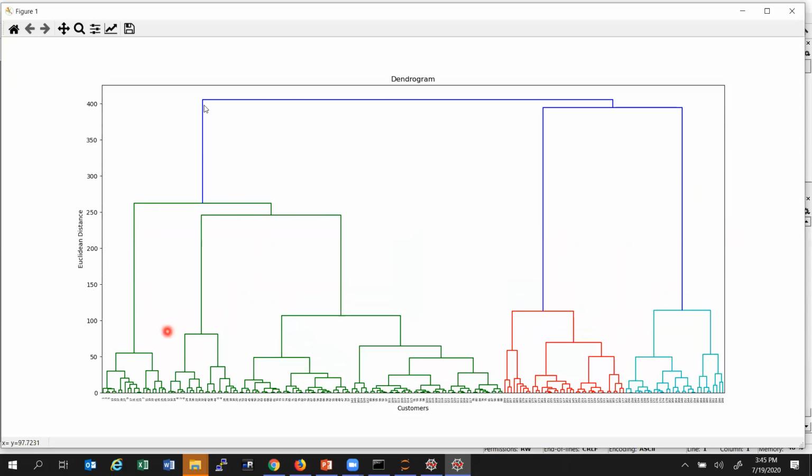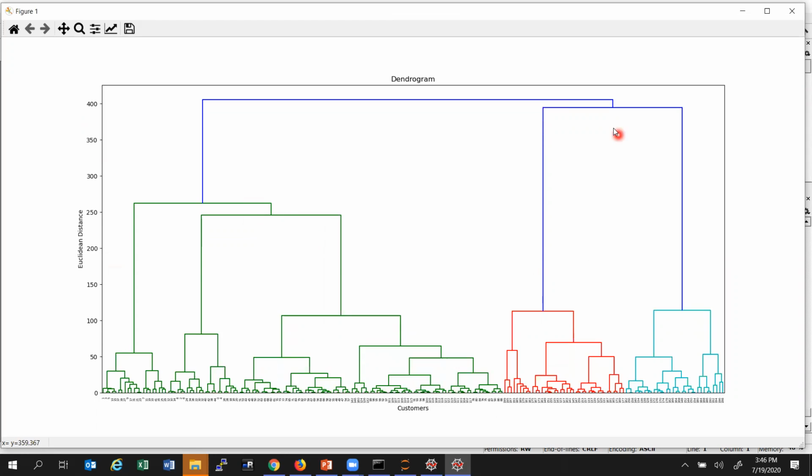When you compare this part, this is the longest line actually. So the part above this horizontal line is smaller than the part down below. So you will draw a line here to cut from here.